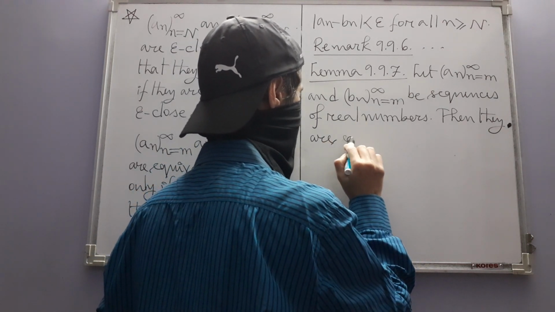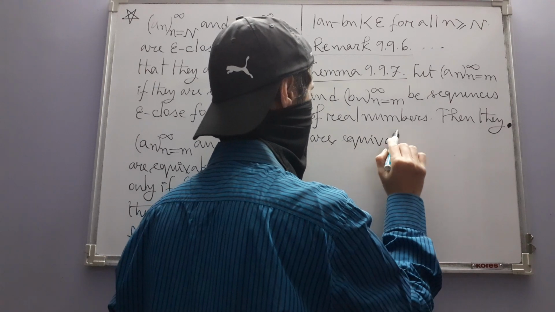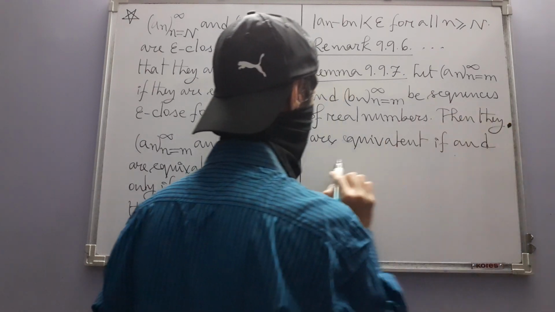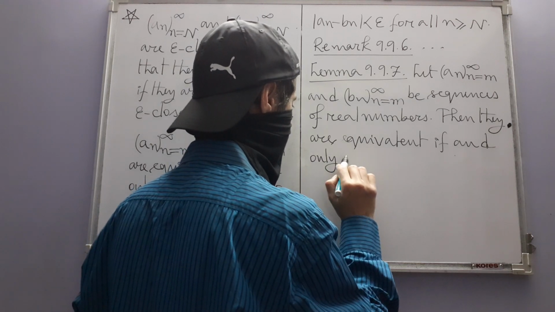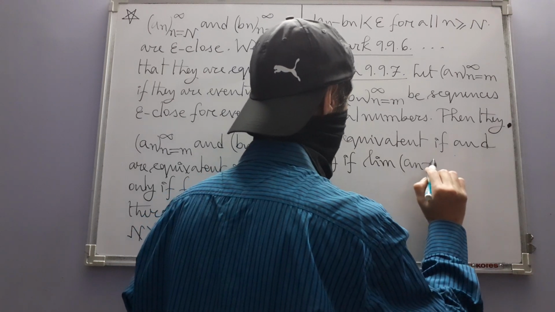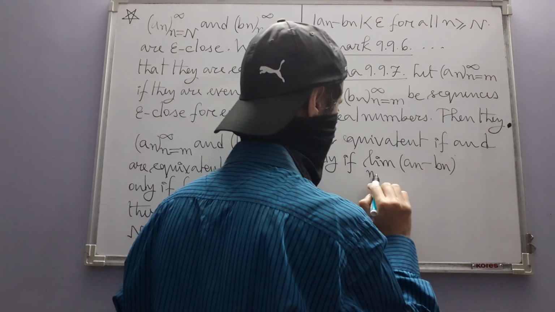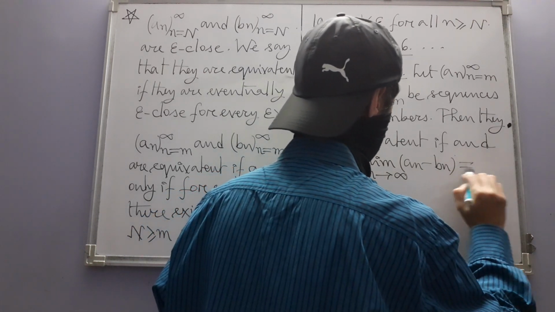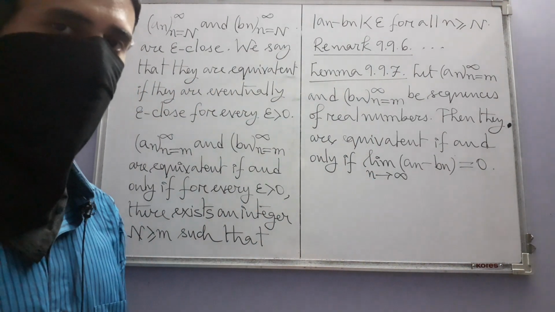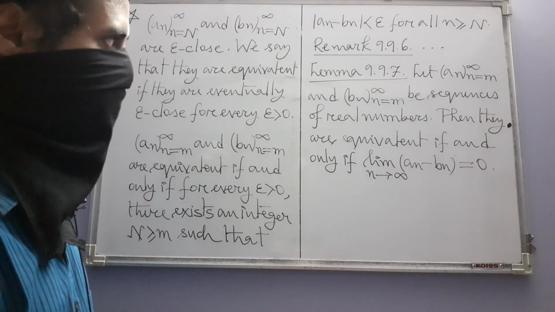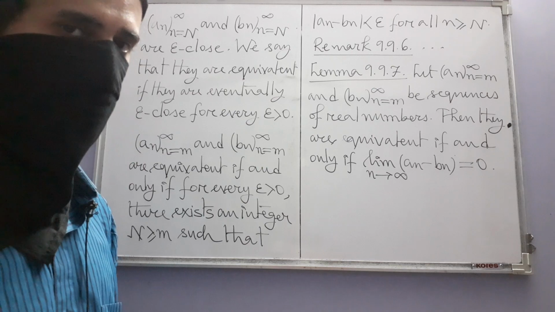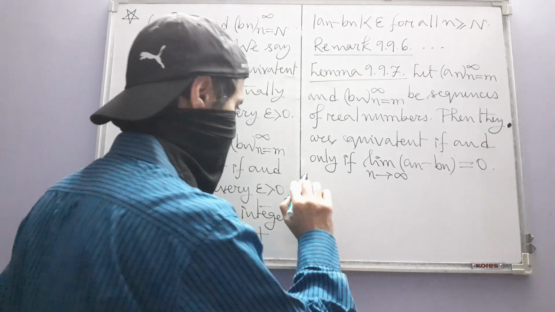They are equivalent if and only if this limit exists and is equal to 0. Two divergent sequences may also be equivalent. So we can use this condition to see whether two given sequences are equivalent.